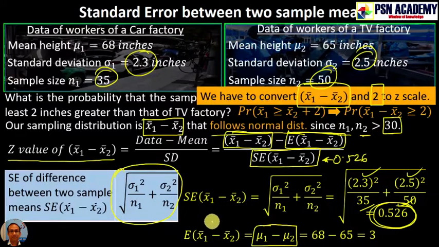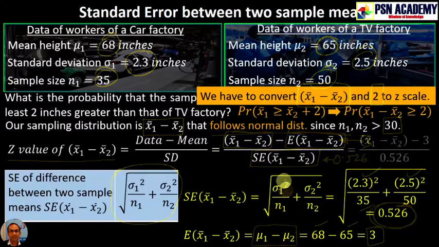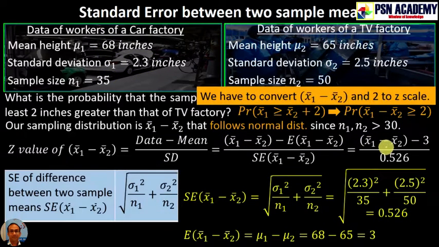So here also expectation of x1 bar minus expectation of x2 bar gives us mu1 minus mu2. Clear? So mu1 minus mu2 is 68 minus 65, where this is mu1 and this is mu2, and you get 3. So this part is 3. Yeah. So we write x1 bar minus x2 bar minus 3 by 0.526.